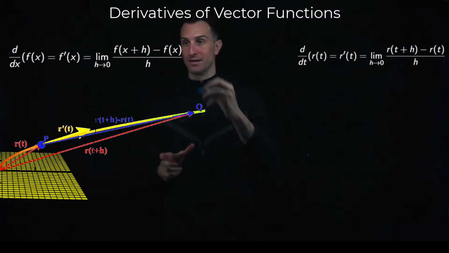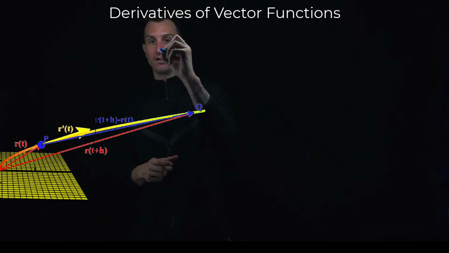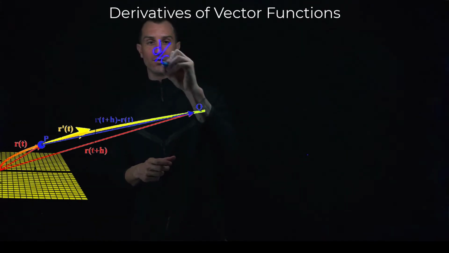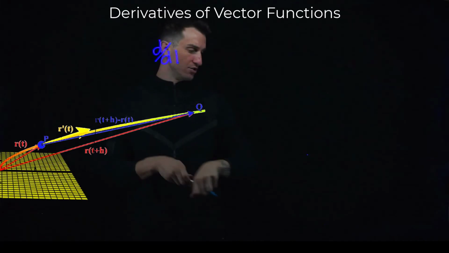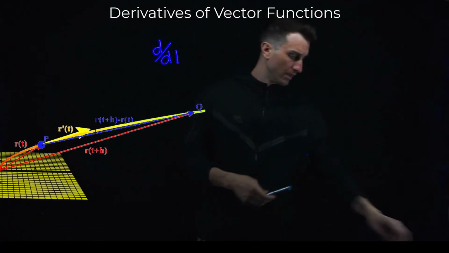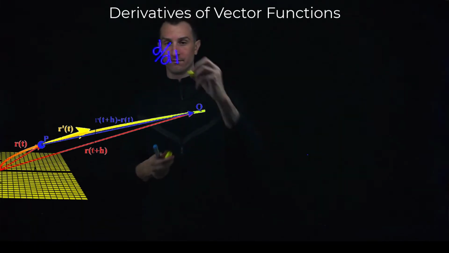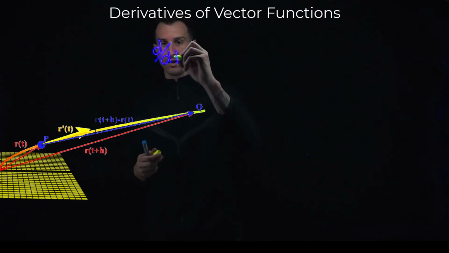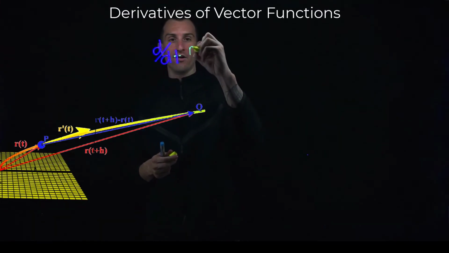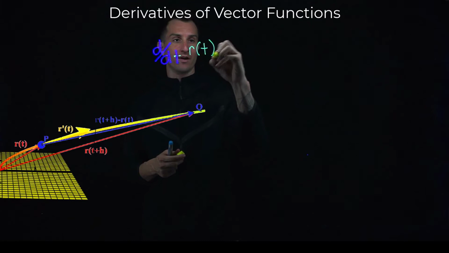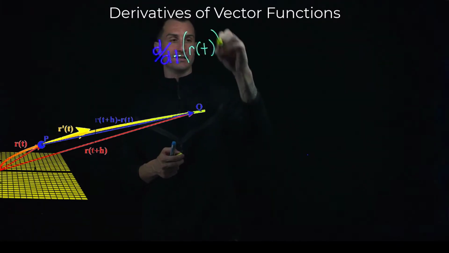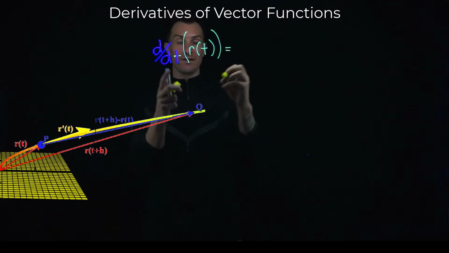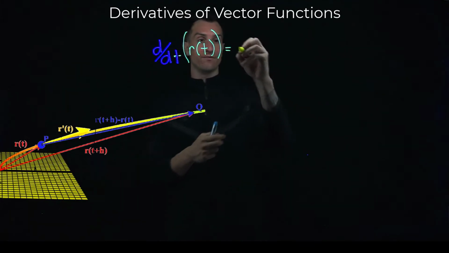So jumping into it, the notation is, if I want to take the derivative with respect to t, and I'll use yellow here, it shows up a little bit better, of r of t, all we have to do is take the derivative with respect to t of each of our component functions.